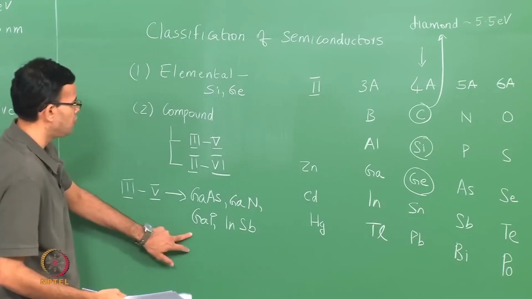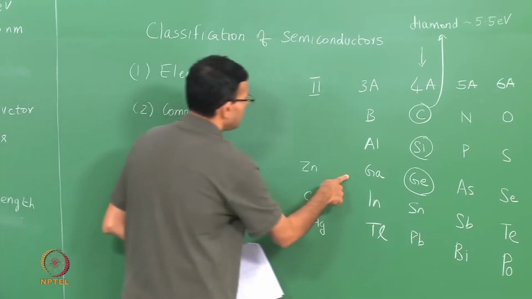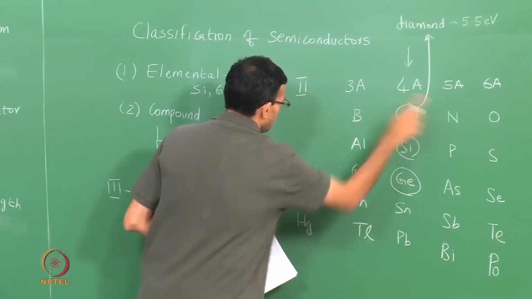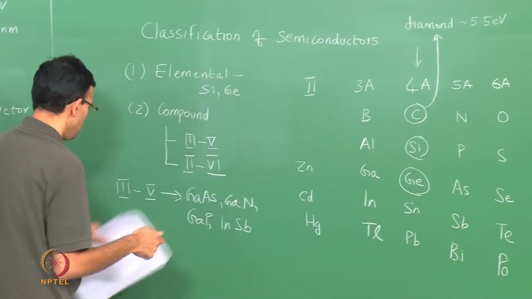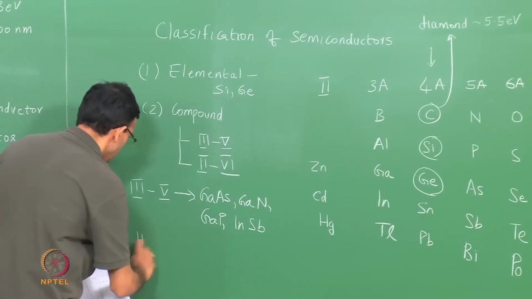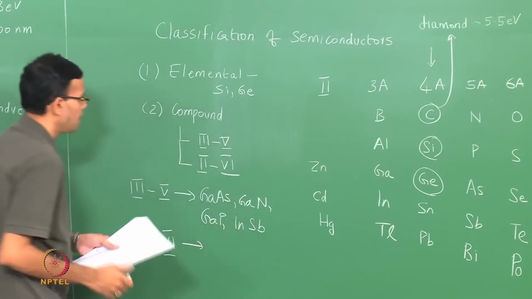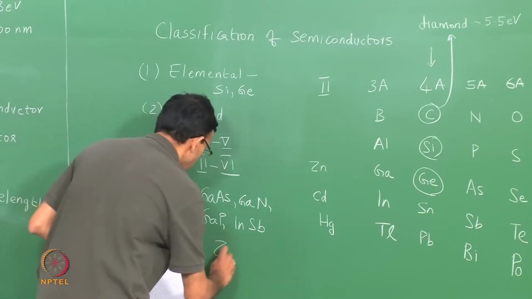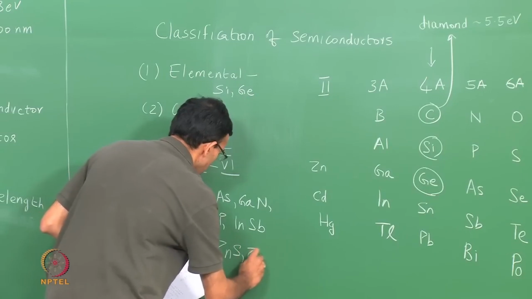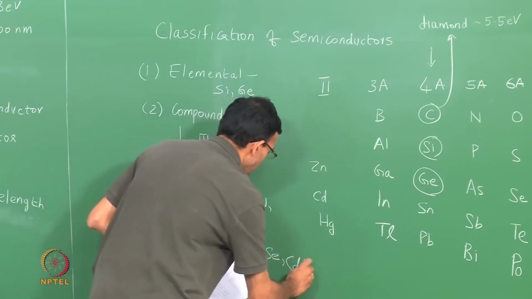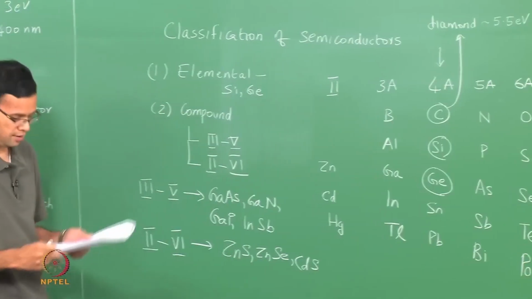All of these are formed by putting elements from here and from here. So, gallium arsenide, gallium phosphide, gallium nitride, and so on. You can also have elements from 2 and 6. Again, some examples are zinc sulfide, zinc selenide, cadmium sulfide, cadmium selenide, and so on.